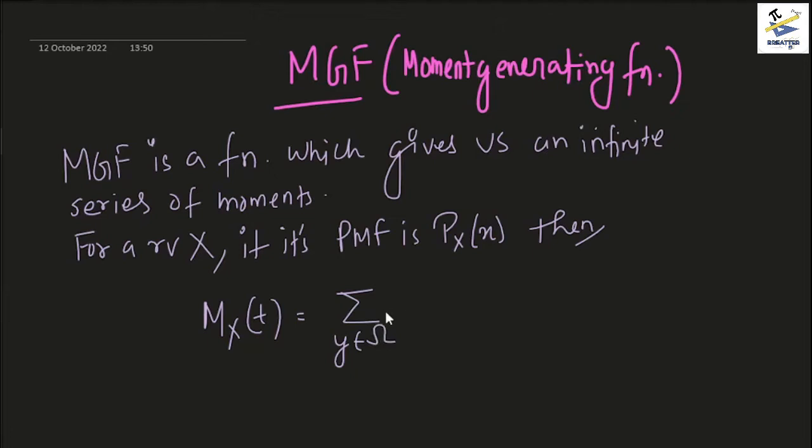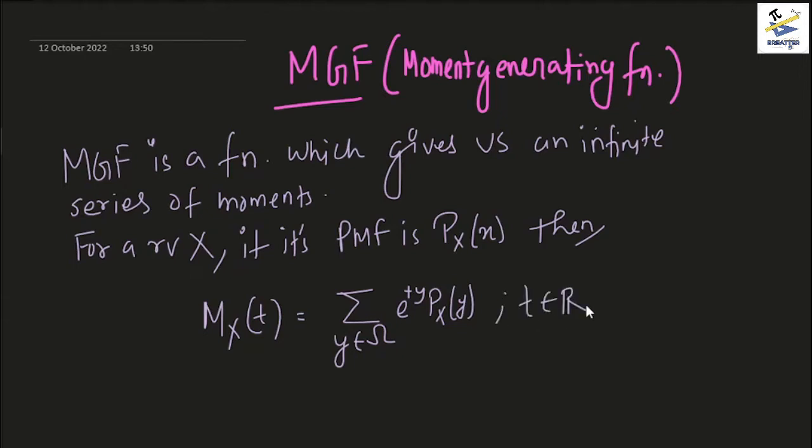What we actually need to find is the expectation of e to the power tX. So what we do is we multiply by the probability of X equals y. So this is the MGF in real terms, where t is obviously a real number, a parameter.